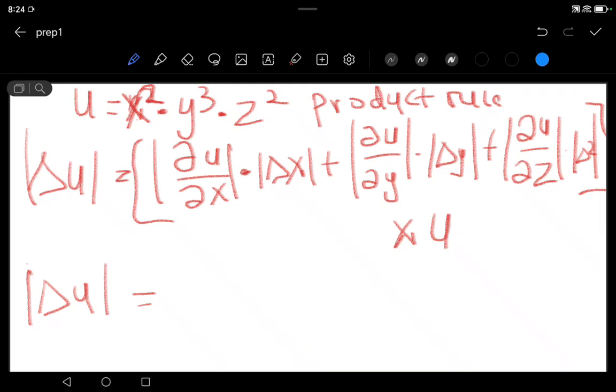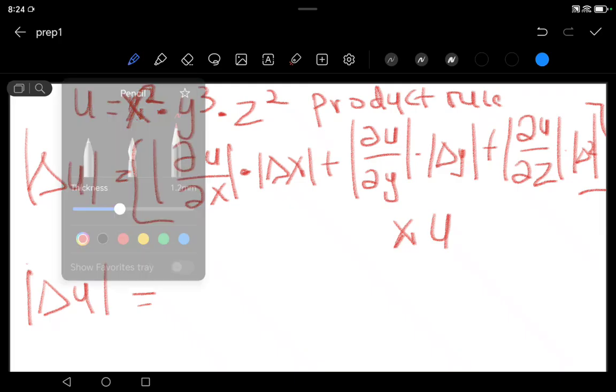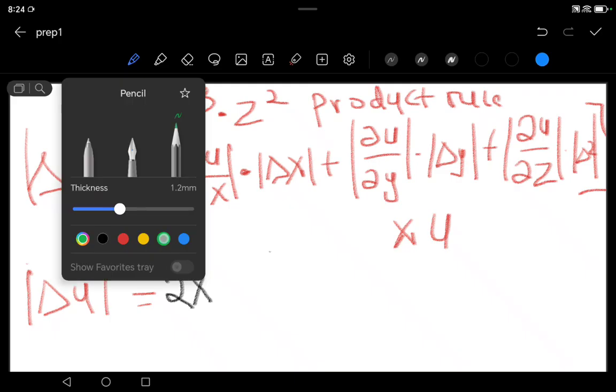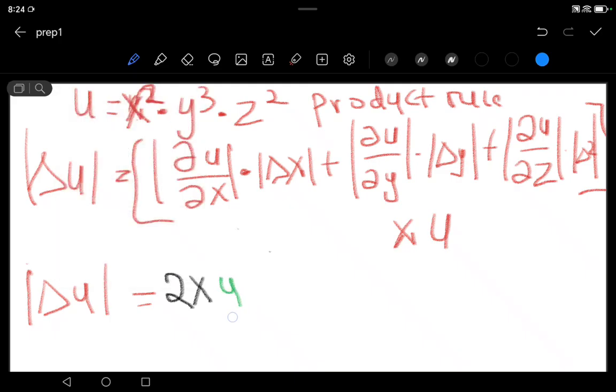Now we're going to start by focusing on x. The derivative of x squared is 2x, and then we copy the remaining y cube z squared, all multiplied by change in x. You following?